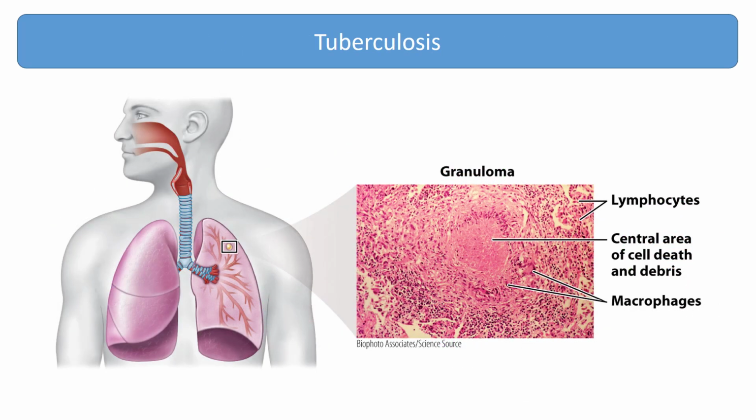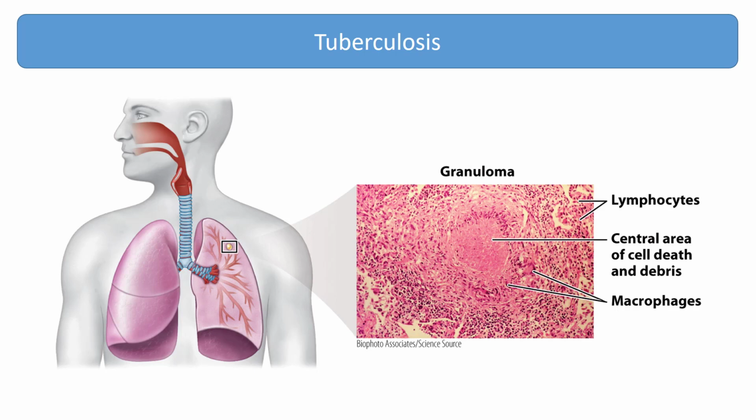Like the flu, tuberculosis is spread through small droplets dispersed in the air when a person with active disease coughs or sneezes. Also like the flu, the TB pathogen replicates inside host cells. But unlike the flu, TB is caused by a bacterium, not a virus.